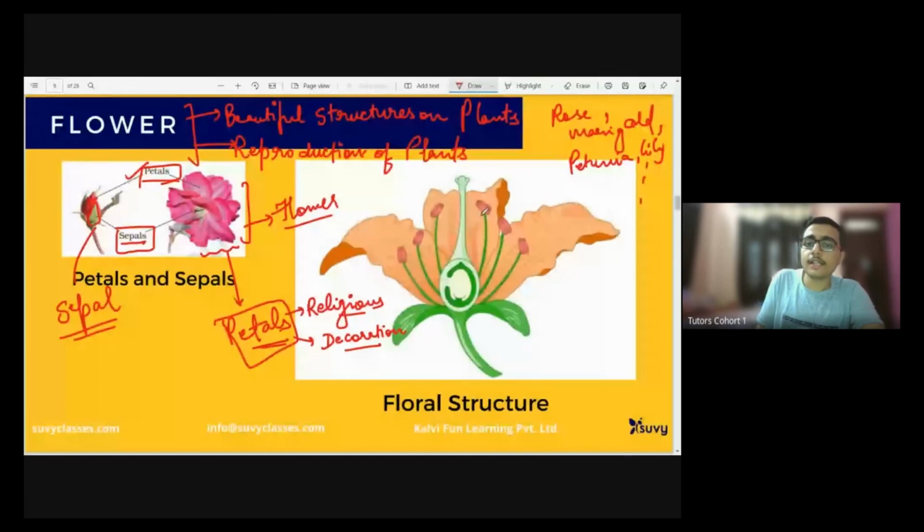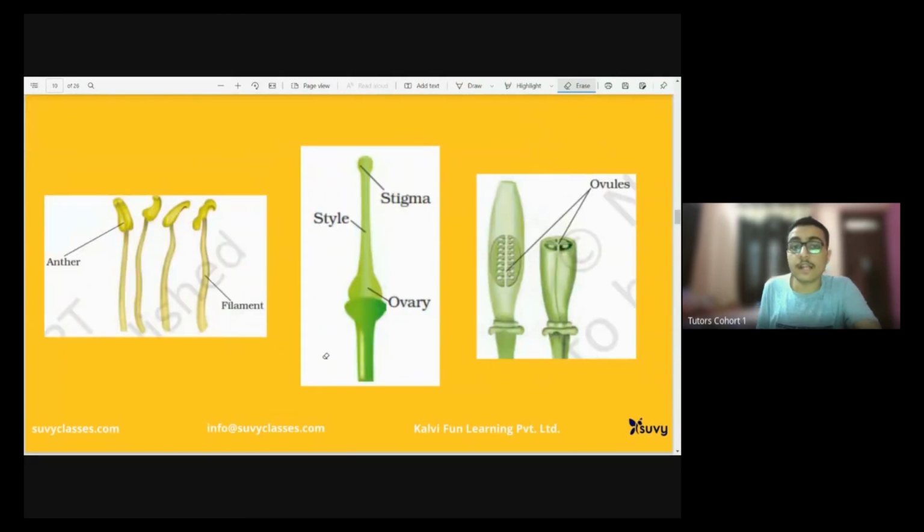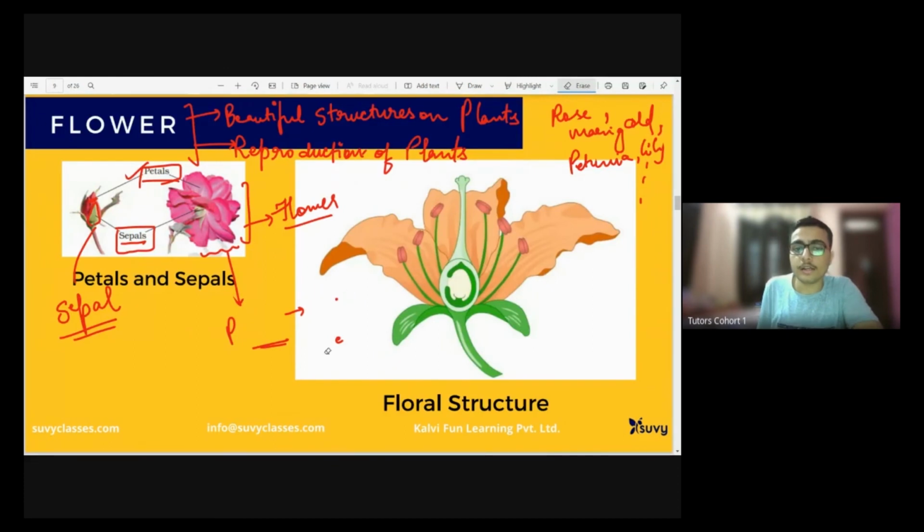Okay, are you there? As I said, this is a very beautiful diagram in front of us where the parts of flowers are clearly visible. But let's move to the next slide. Here, as you can see, this flower is very beautifully drawn for us.